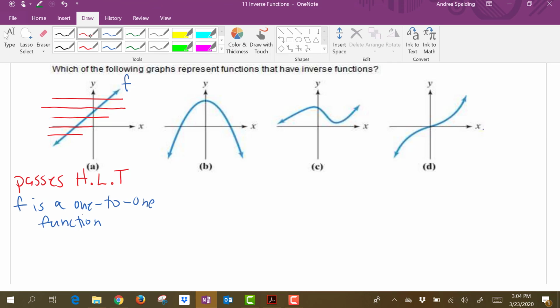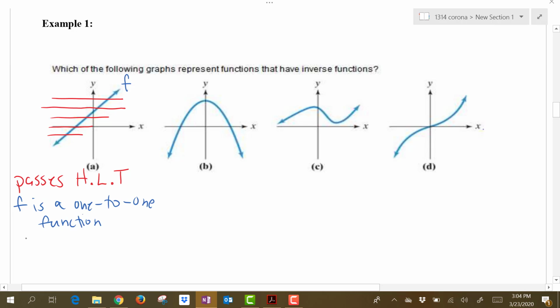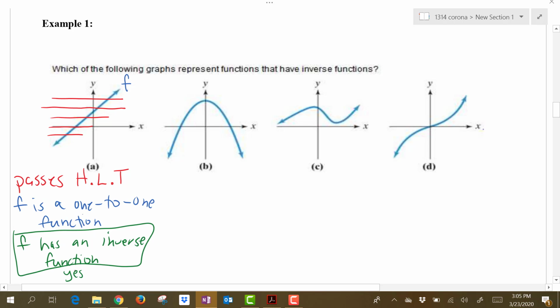If f passes the horizontal line test, and if f is a one-to-one function, then f has an inverse function. And that was our question. Does f have an inverse function? And the answer to this question over here is yes.